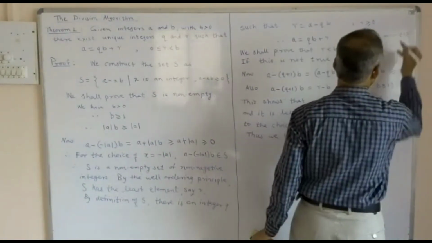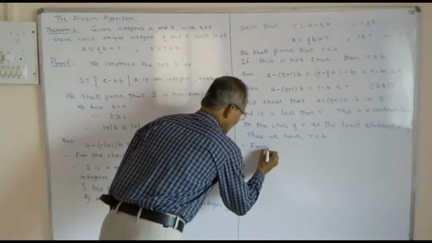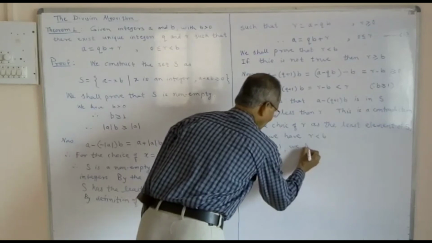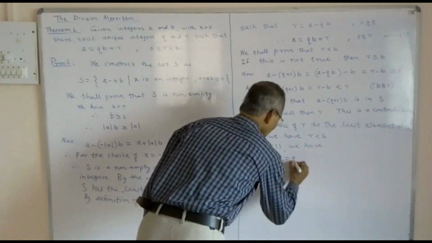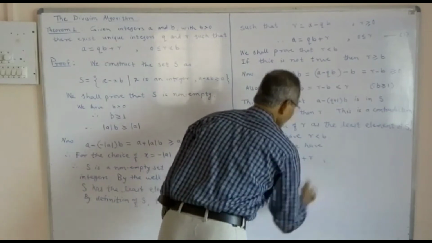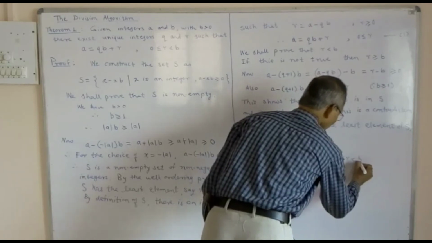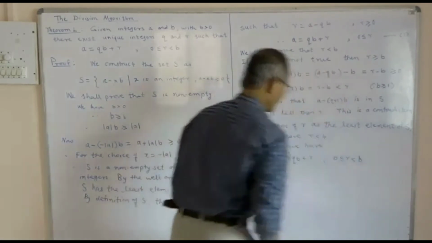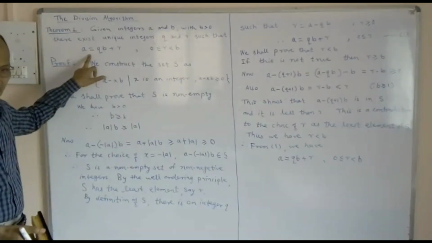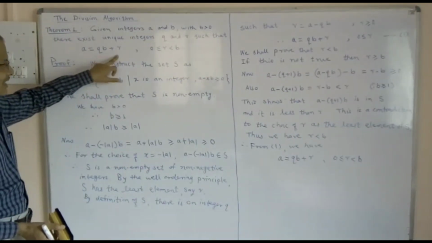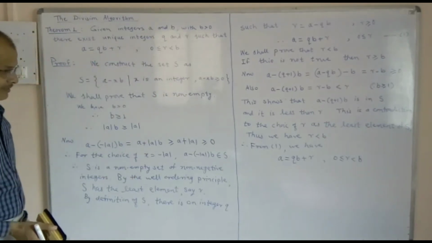Therefore, from 1 we have A is equal to QB plus R, 0 less than or equal to R less than B. Now we obtain the same condition as in the division algorithm. A is equal to QB plus R, 0 less than or equal to R less than B. But yet the proof is not complete.